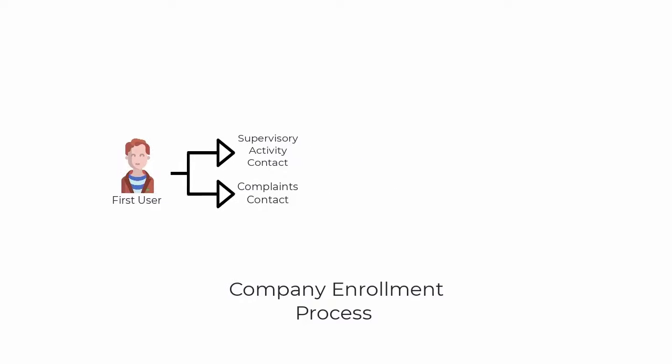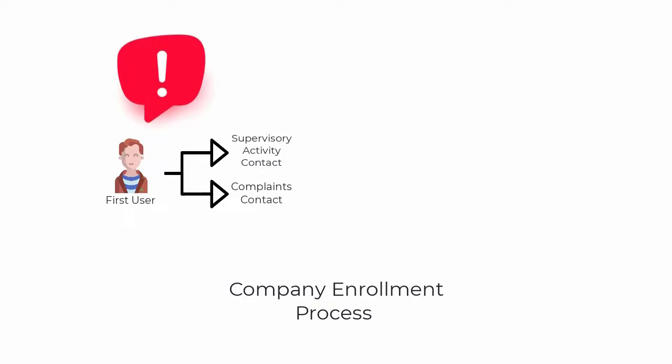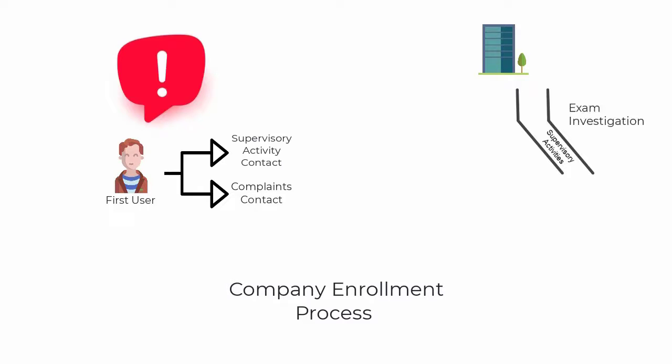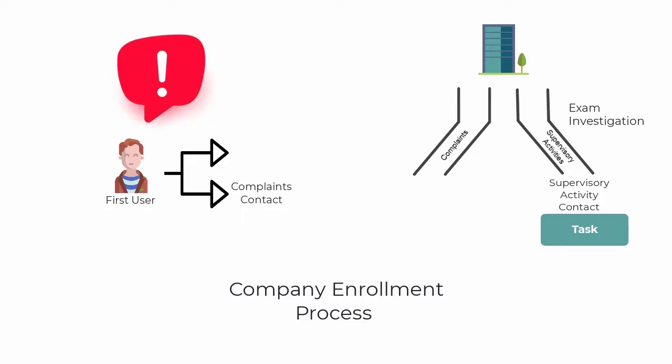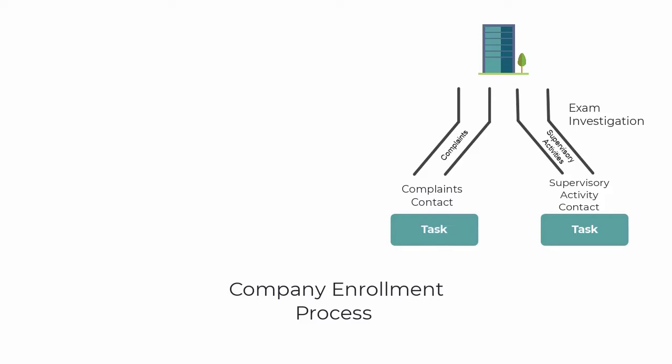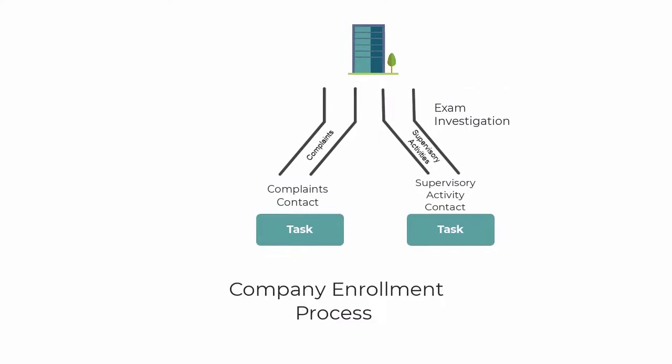Assigning these 2 contacts is very important because as soon as the regulator sends information related to either a supervisory activity, for example, an exam or an investigation, or a consumer complaint, that information will first arrive in the form of a task appearing on the homepage of either the supervisory activity contact, if it is related to an exam or an investigation, or on the homepage of the complaints contact, if it is related to a complaint.